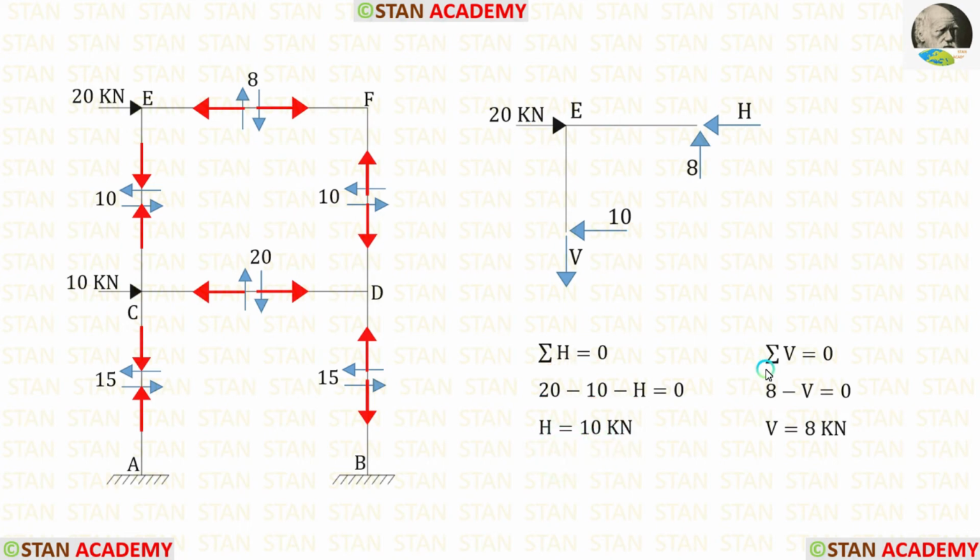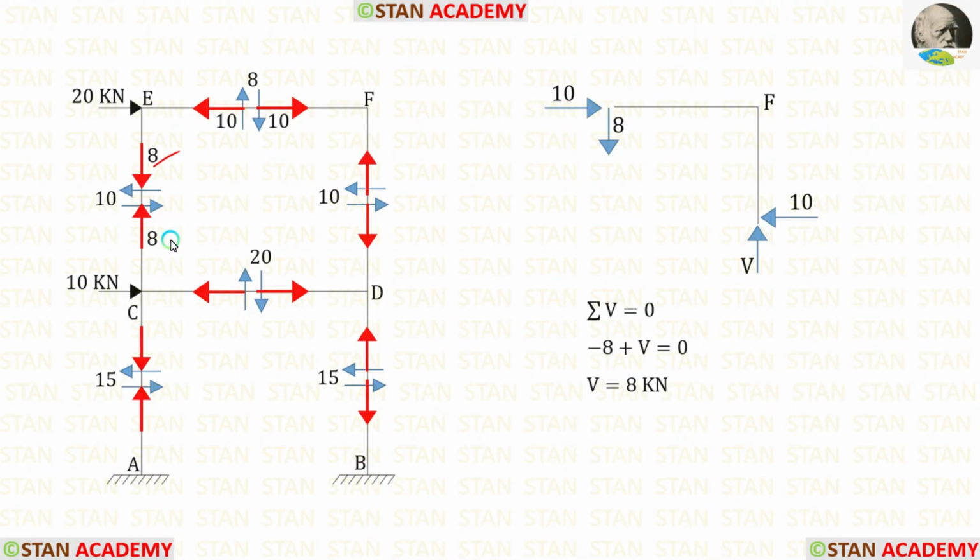Now, let us apply the rule sigma V is equal to 0. This force is acting upwards, so that will be positive. This force is acting downwards, so that will be negative. Finally, for V, we are getting 8. Let us apply both of the axial forces.